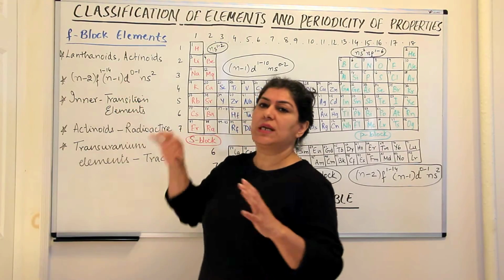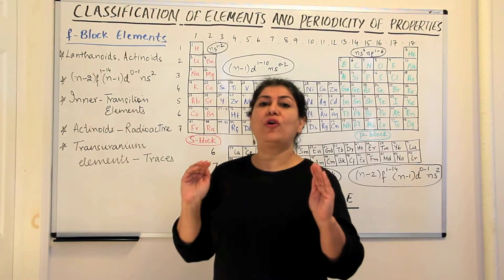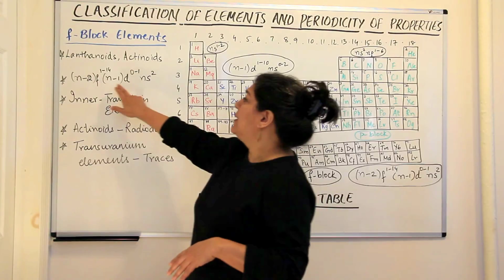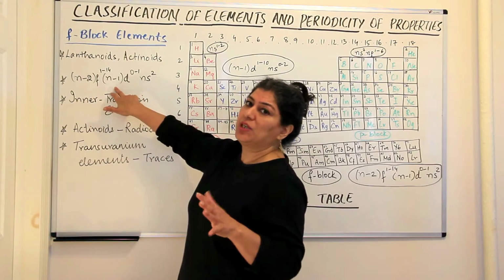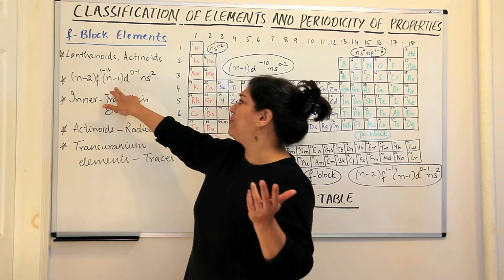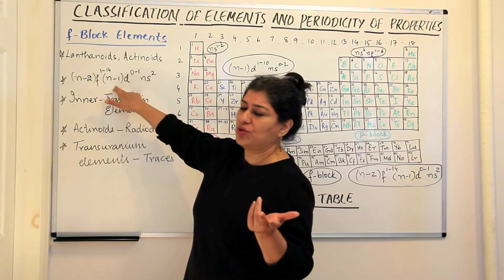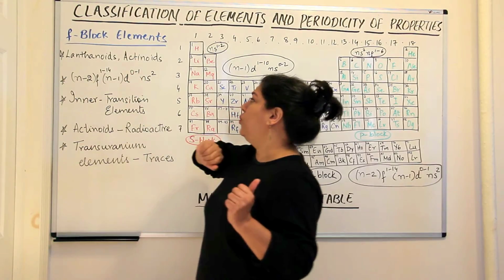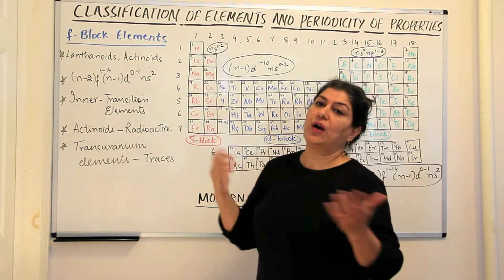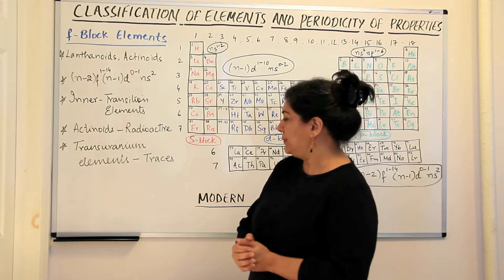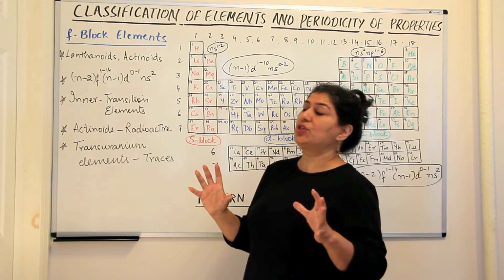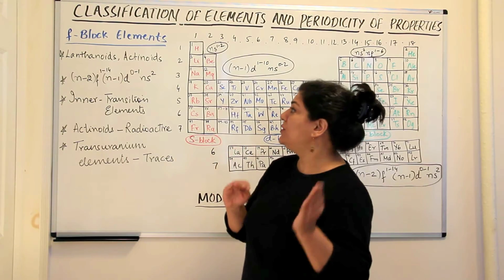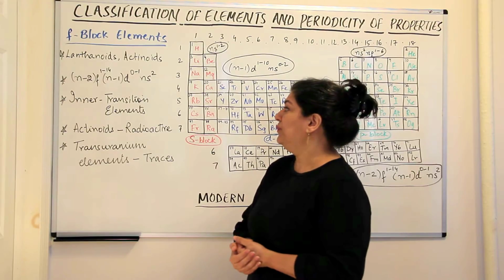We don't go into the details of the configuration, but for 11th and 12th, it would suffice to learn that the d orbital of the penultimate shell may have one electron here or there. For example, in lanthanum, which is not actually an F block element, this can be 0 to 1. And the s orbital of the outermost shell has 2 electrons. So the general configuration would be n-2 f 1 to 14, n-1 d 0 to 1, and ns 2.